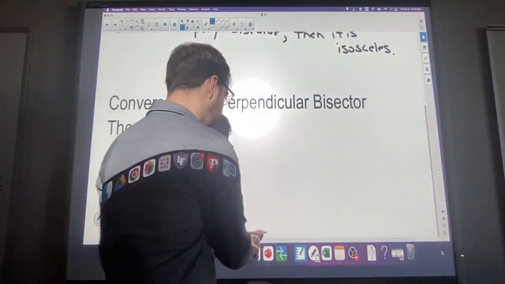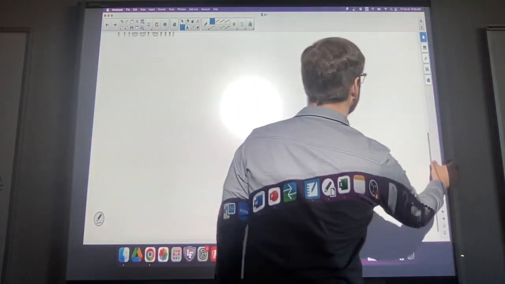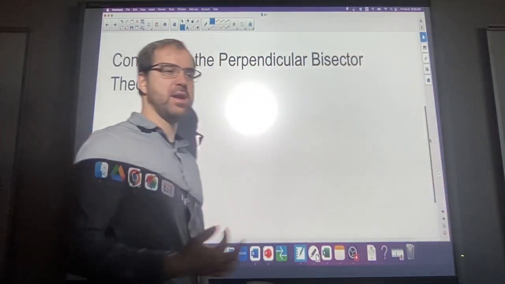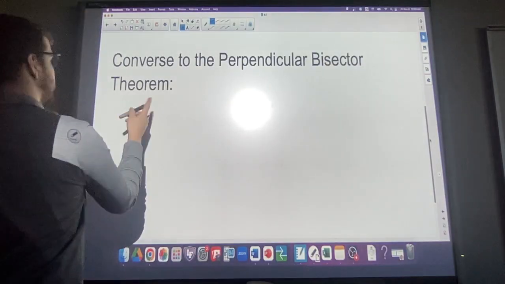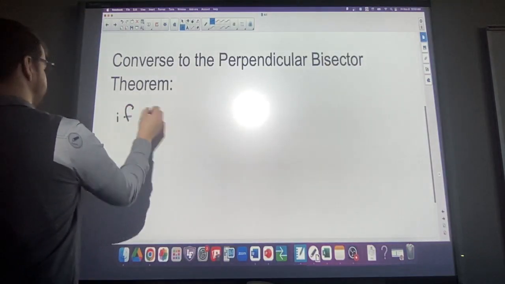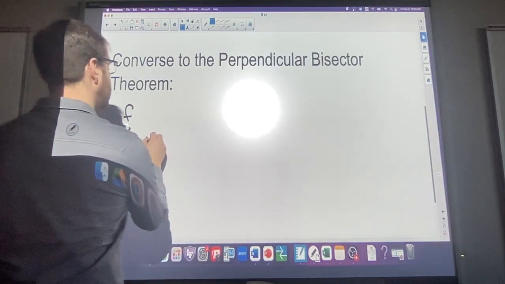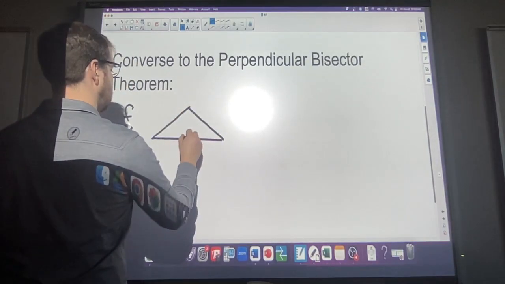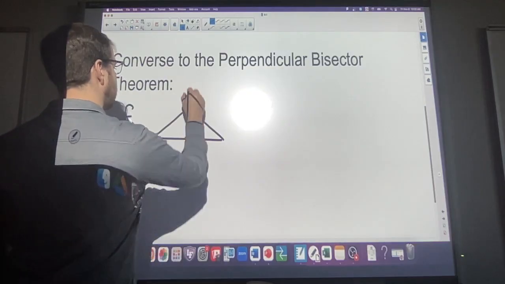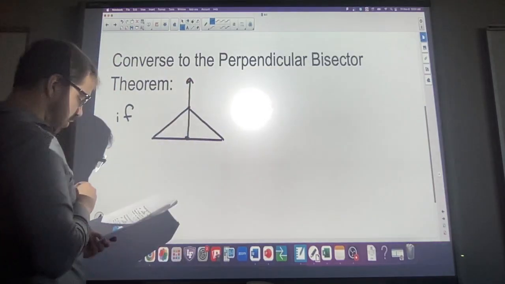All right. Now the converse, just essentially the same thing in the other direction, which is what converse means. So we're going to say if it's isosceles, then it has to meet at a perpendicular bisector. Okay? So let's draw another picture here. And we got a triangle, and we have a ray going up like that.